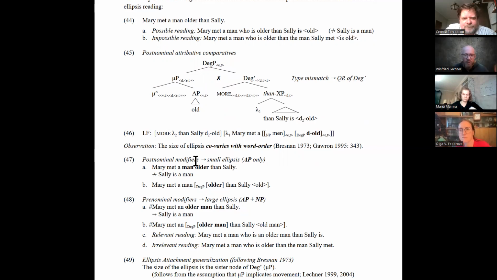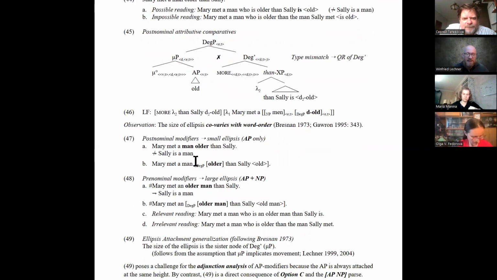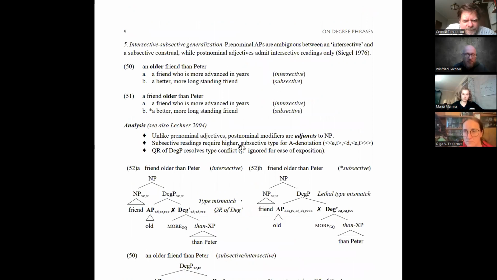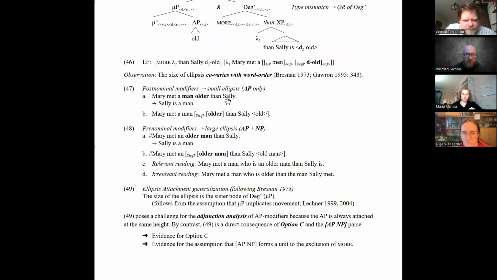Let's see how this actually manifests itself in the data. So we have just seen that Mary met a man older than Sally only has a reading in which we do not require Sally to meet a man or to be a man.